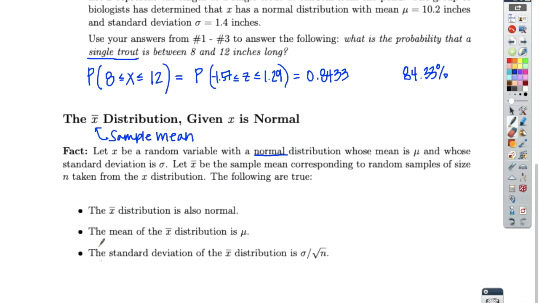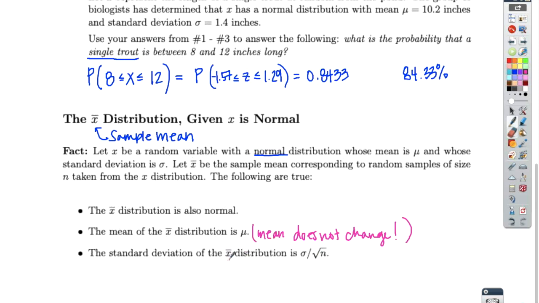Now these two things are nice. The mean of the x bar distribution is still the same mean. So I could put a little note on here. The mean value does not change. If the mean of the x distribution is mu, then the mean of the x bar distribution is also mu. That said, the standard deviation does change.